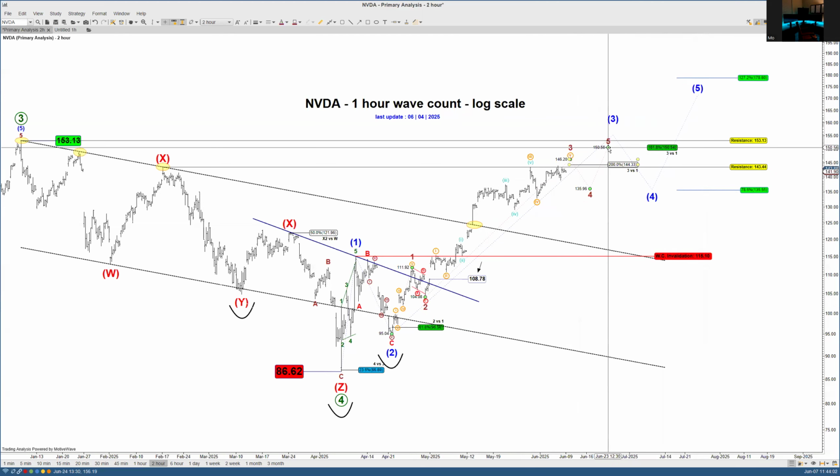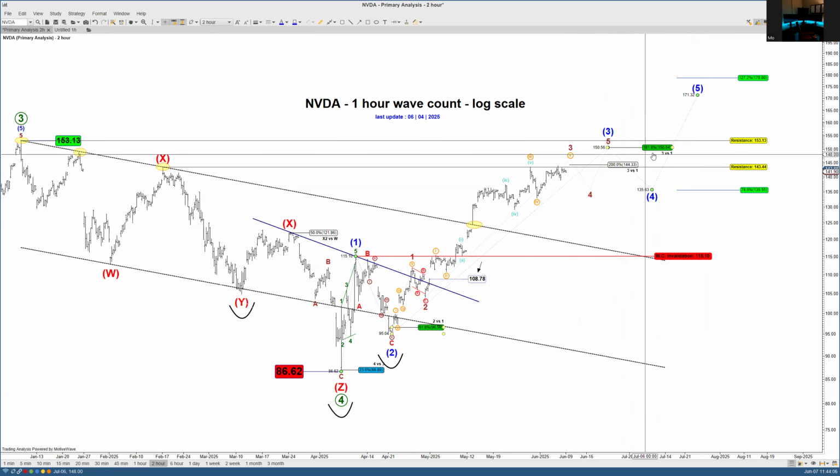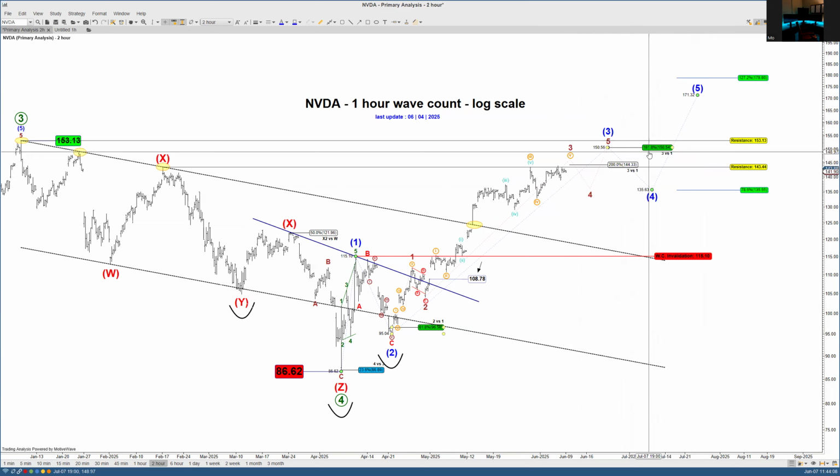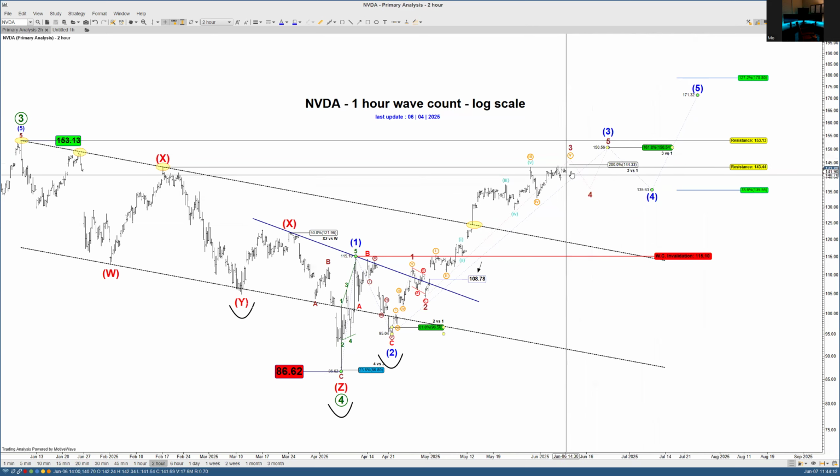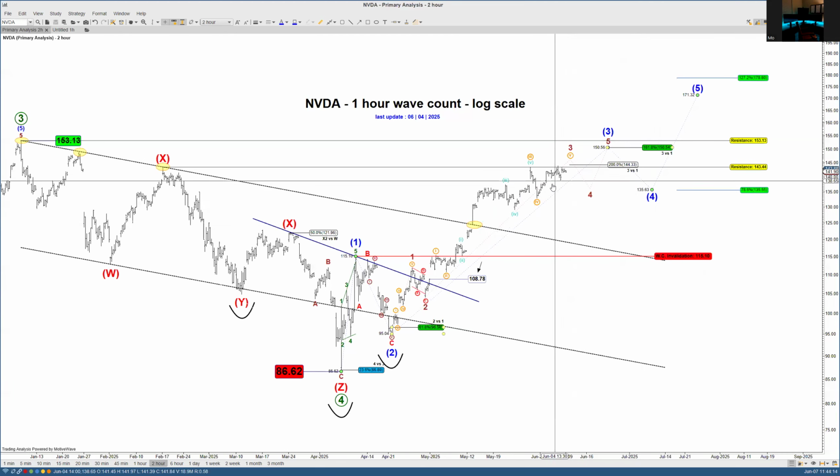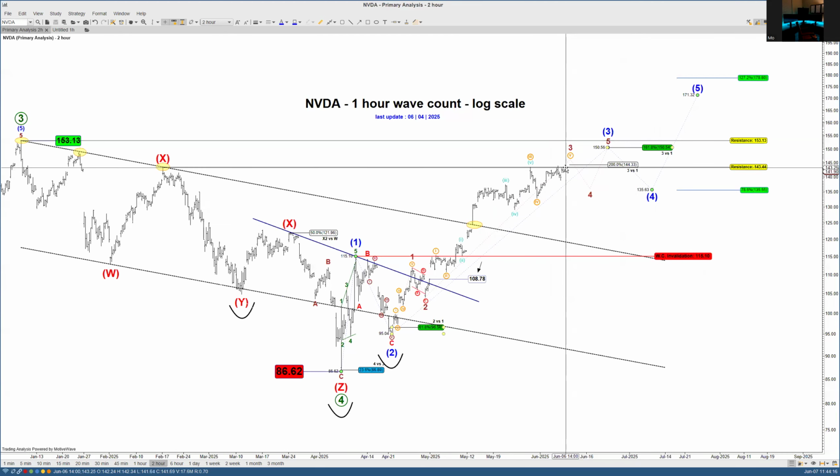You just need to fit this five smaller waves within this 61.8. I'm telling you, this market is getting very close to this 161.8. Qs, I was already there. NVIDIA is near the 150 mark, which is 161.8.